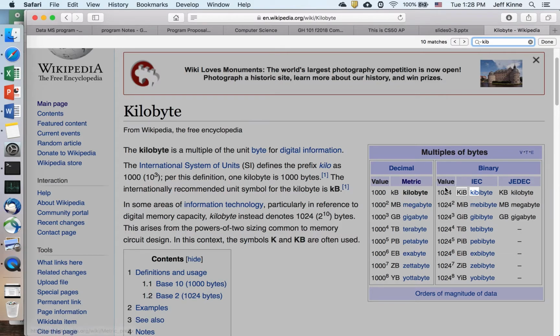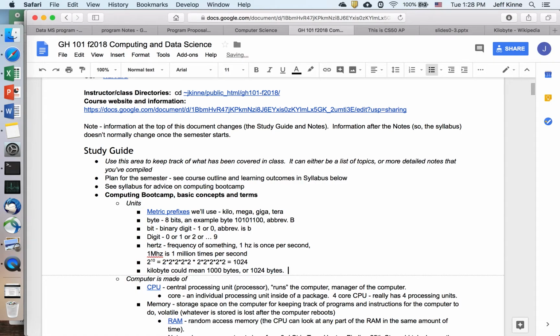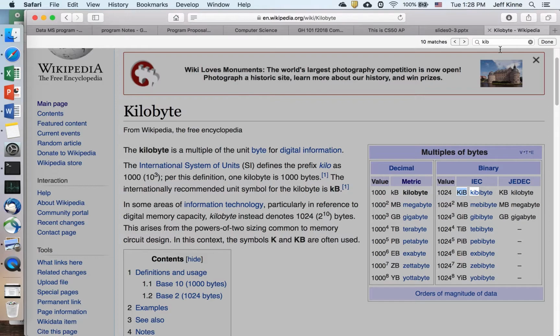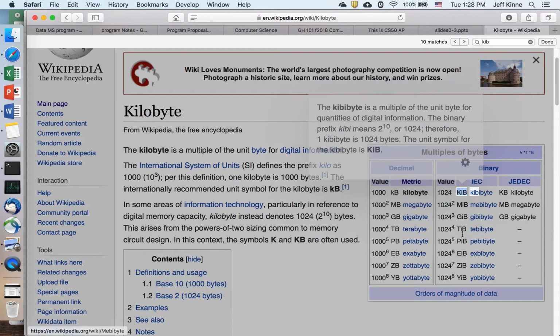So instead of 1,000, we use 1,024, and that's capital K-I-B, kibibyte. You can look up the etymology for that. So if you say KB, it probably means 1,000 bytes. If you want to mean 1,024, it would be kibibytes. And there's a version for all of those. A megabyte is 1,000 kilobytes. A mebibyte is 1,024 kibibytes.